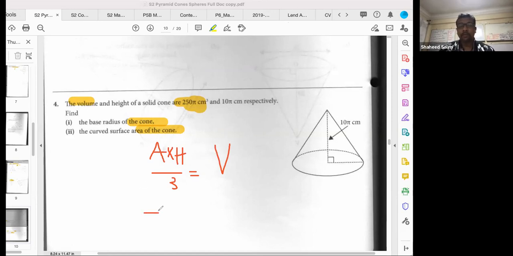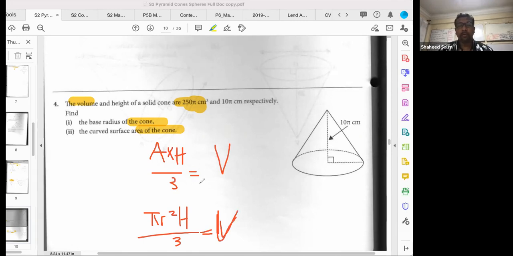So what is this? It's pi times r squared times h. So I just put pi r squared h divided by 3 is equal to V. Right?